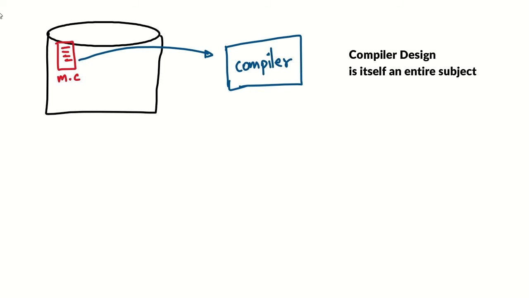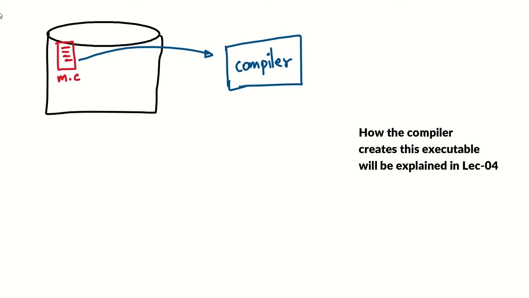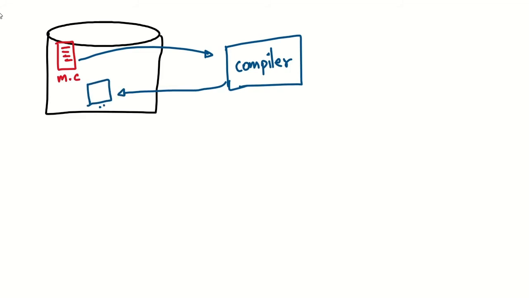Now the compiler will create its executable code, and it will store it back on the disk. This will become my .exe file if we are dealing with Windows, or .out file if we are dealing with some Unix based system. The name will be the same, m.exe or m.out.